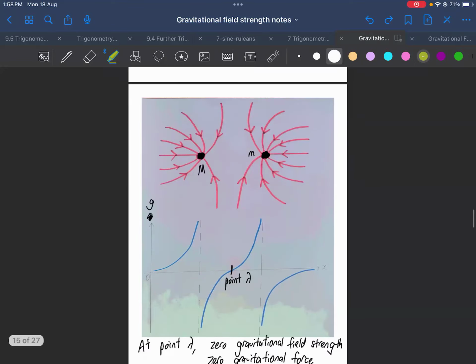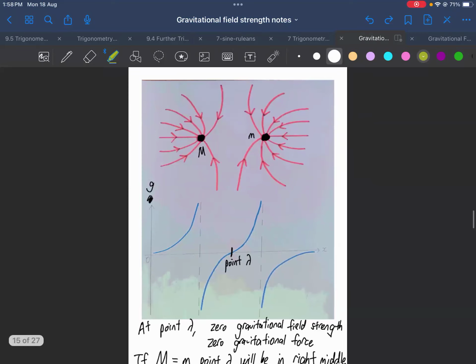I'm going to show you this now. Remember these 2 point masses here. There are 2 objects here.